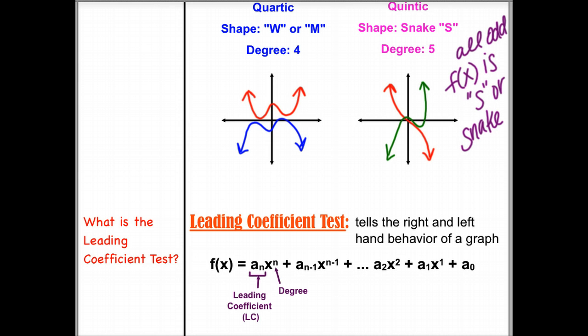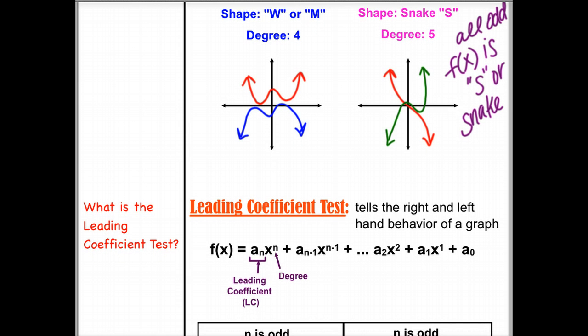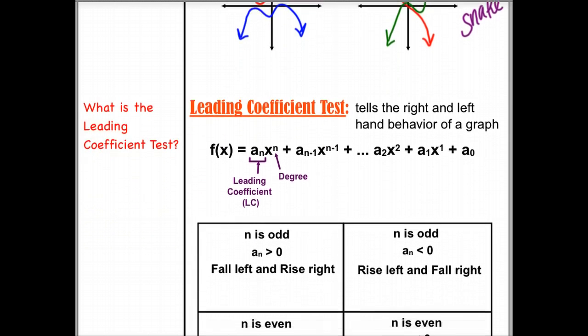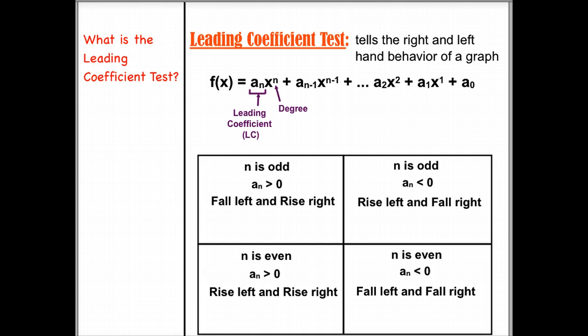And so if we have our function, f of x, it's going to be in the form of a sub n times x to the n power, where a sub n is that leading coefficient, and the n is your degree, and then it will be n minus 1, n minus 2, n minus 3, etc., until you get all the way down to a sub 2 x squared plus a sub 1 x to the first plus a sub 0, or your constant term. Now, we need to know this because I've made a table for you to be able to tell the behavior.